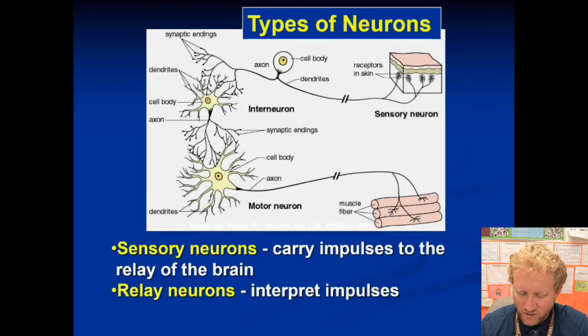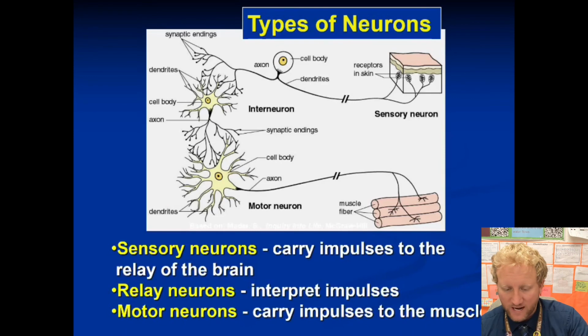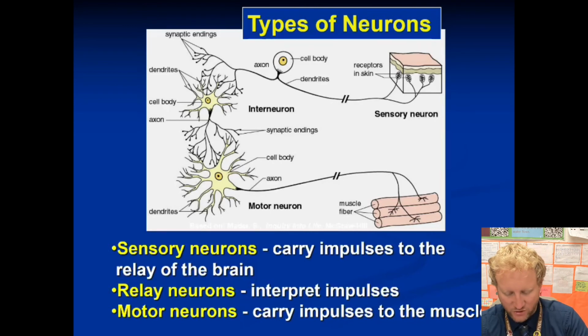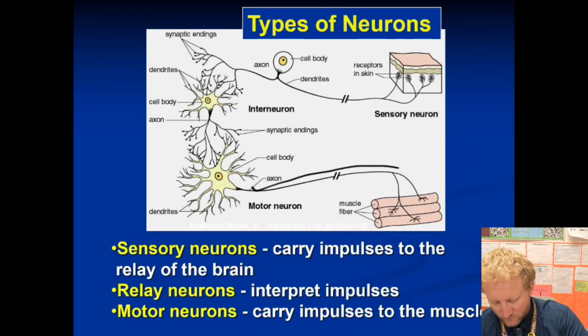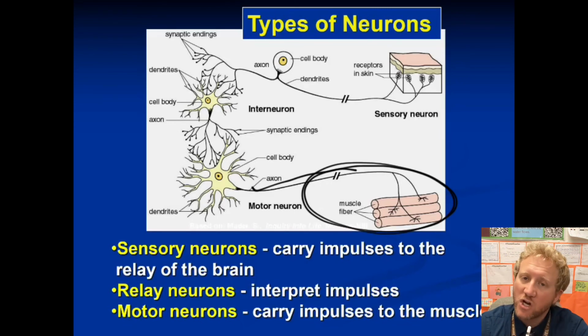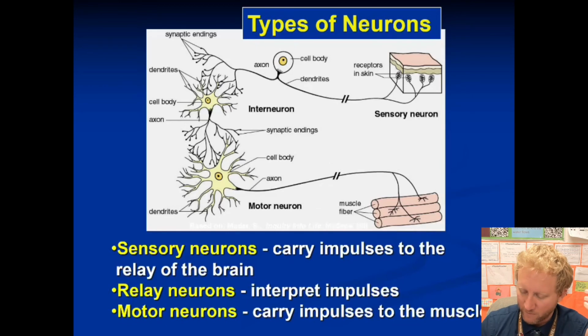Then once that information is going to leave the brain, most commonly it's going to go to motor neurons. Those are the ones that are attached to your muscles right here, forming that neuromuscular junction that we talked about when we were looking at muscle contractions. Okay.